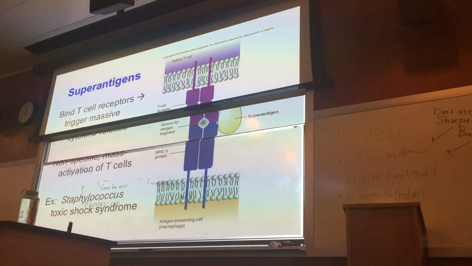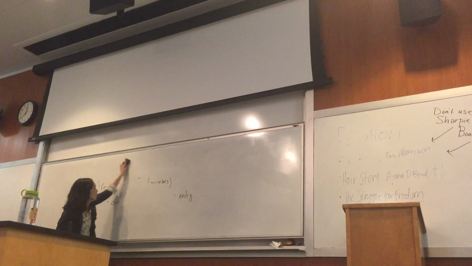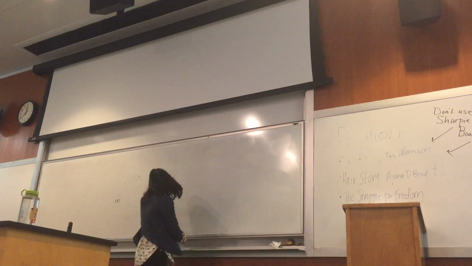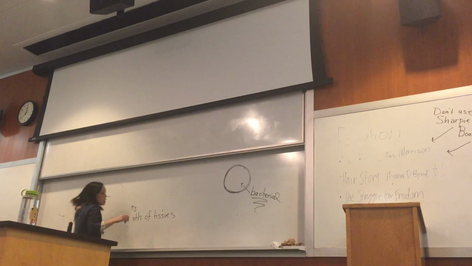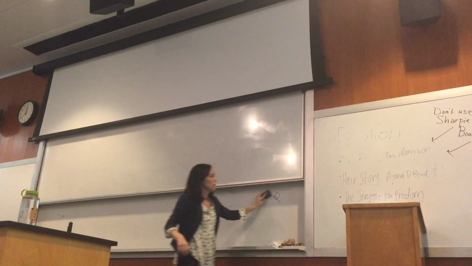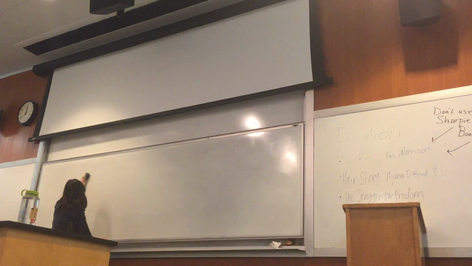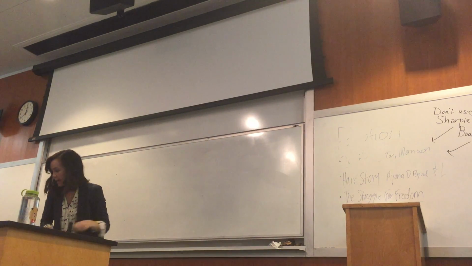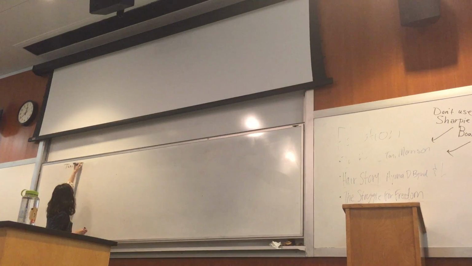The article that Jalen had found, it was a young girl in her 20s who got toxic shock. And we'll sketch out the toxic shock.